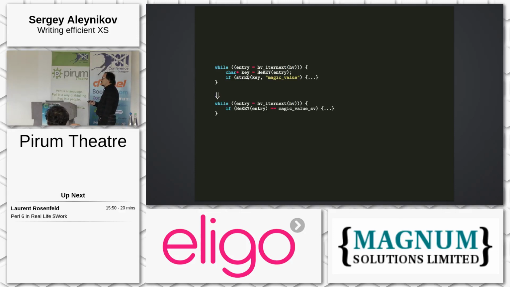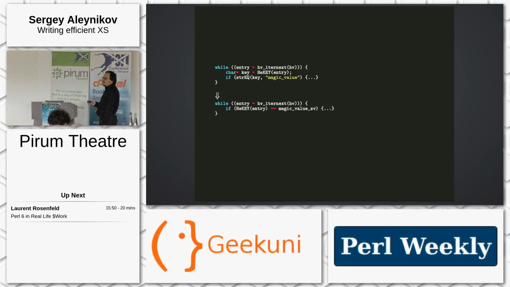So when you can change string comparison to just a pointer comparison, it's a huge win. This shows how you can do this. If you are sure that the keys of this hash are always pre-shared, if you store them in this way, if that's your internal data storage, you can change string compare for pointer compare.